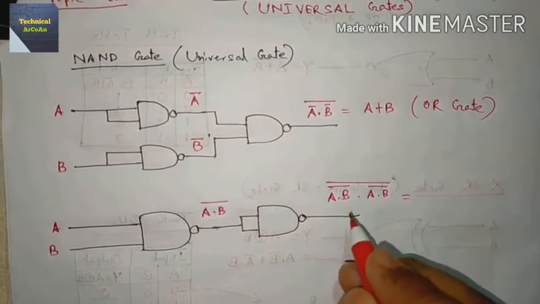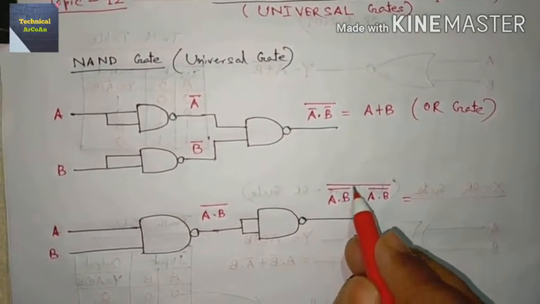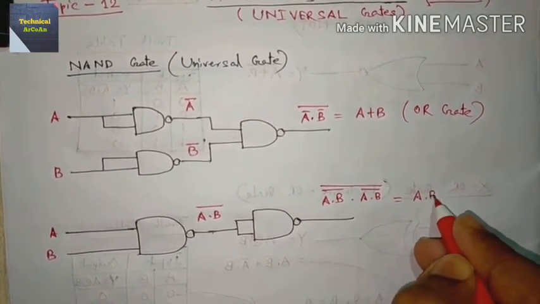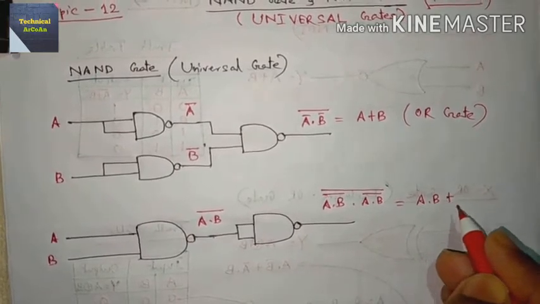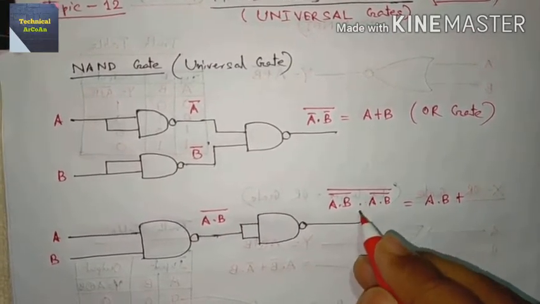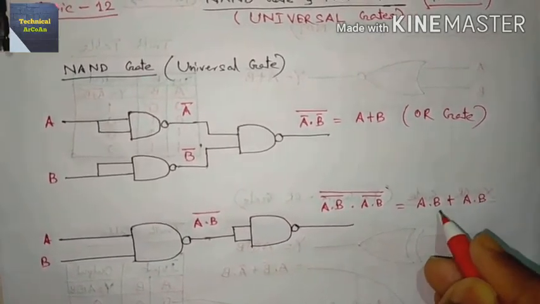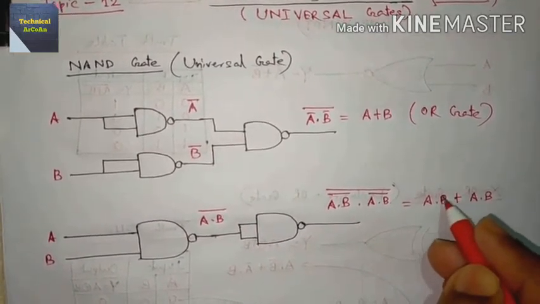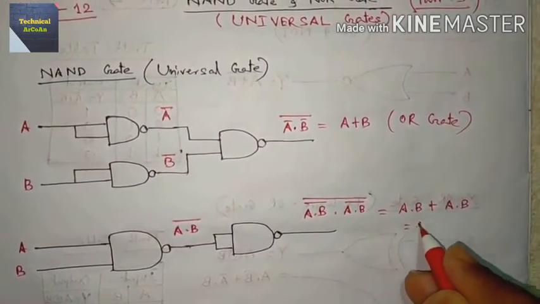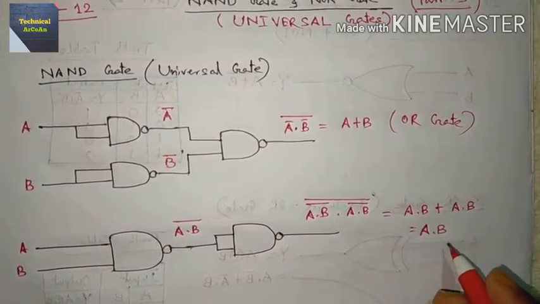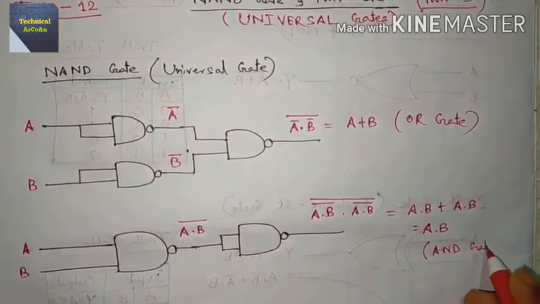In a similar fashion, as I already told for the previous one, if we use A dot B double complement, it means we get A dot B. Okay. And the dot goes plus. Why? Because we are using De Morgan's law here. And similarly, the other term will be obtained the same way. And now if we think of it as a single input, what happened? A dot B plus A dot B equals A dot B only. Okay. And what will the A dot B operation be? It is an AND gate.